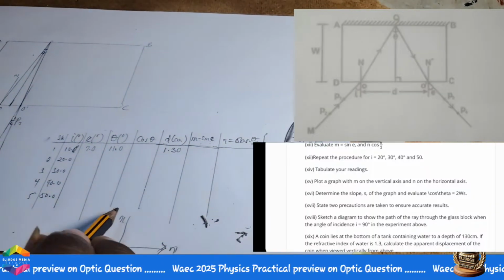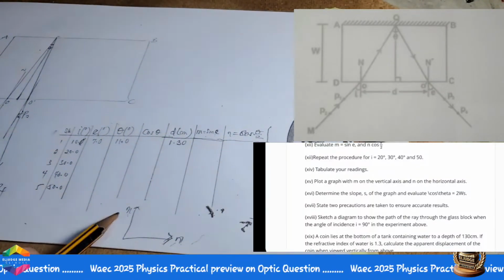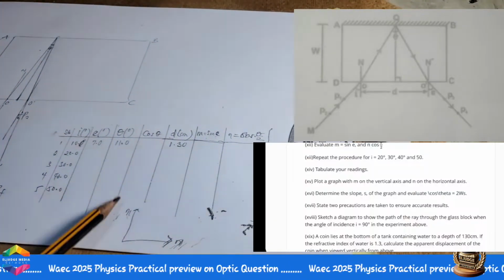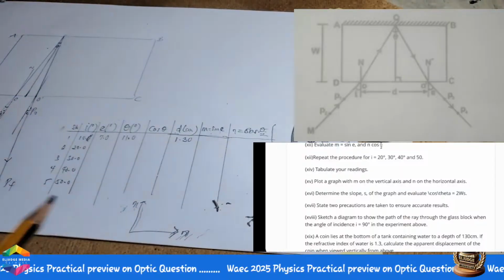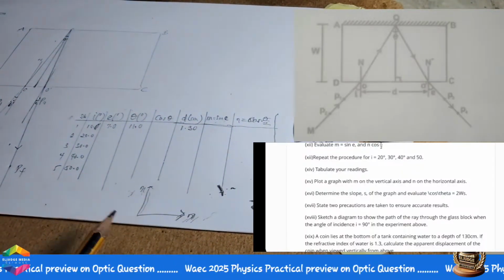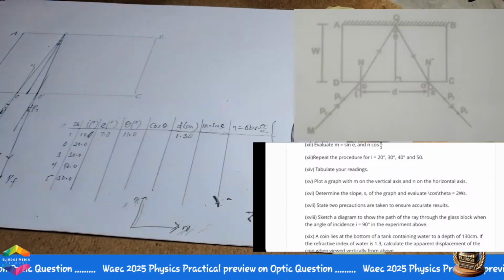Make sure you also identify your axis. That's one mark for you. Then have a good scale. Then with a good graph plotting, you are good to go.